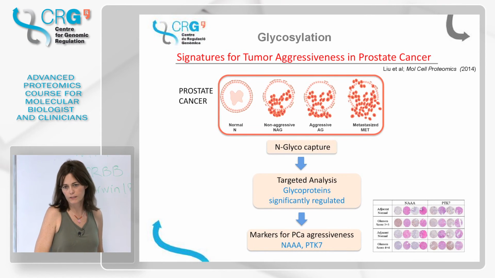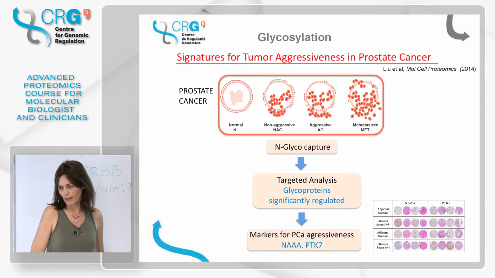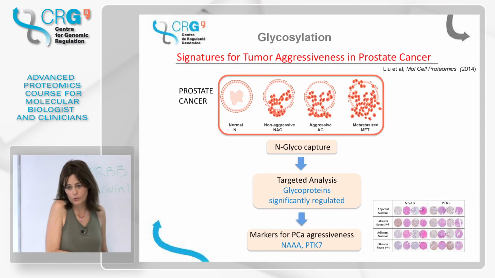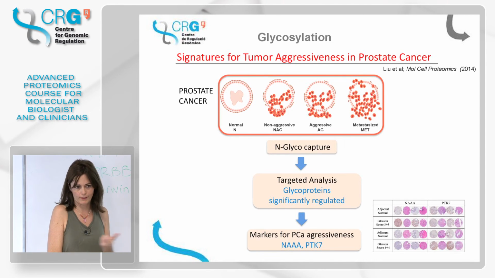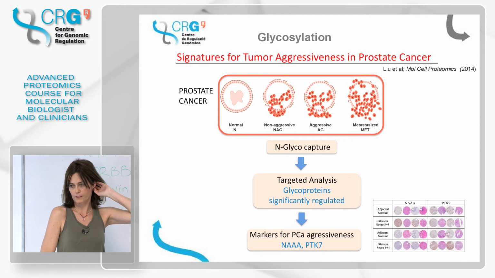And they did this strategy of capturing N-glycoproteins. Why? Because, like I said, these are great candidates for diagnostic markers. And also, they are easy to analyze because we reduce the complexity. So using this strategy, they ended up with a couple of markers for prostate cancer aggressiveness.